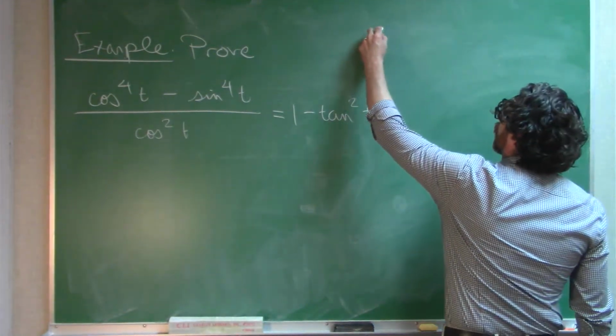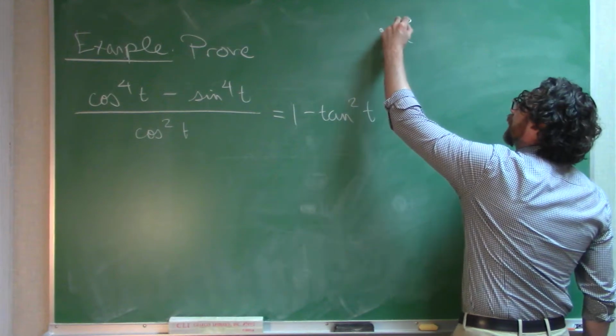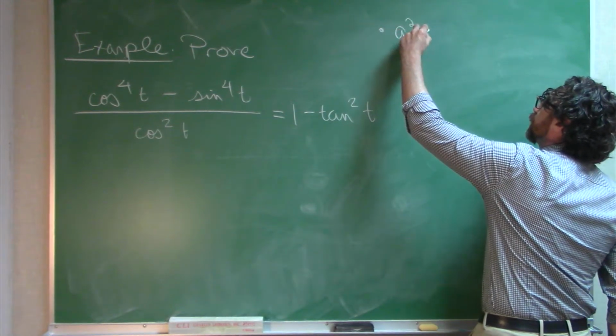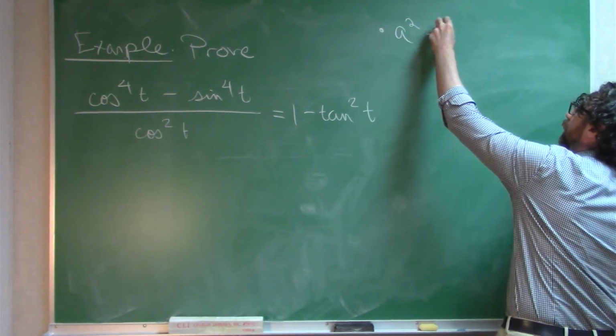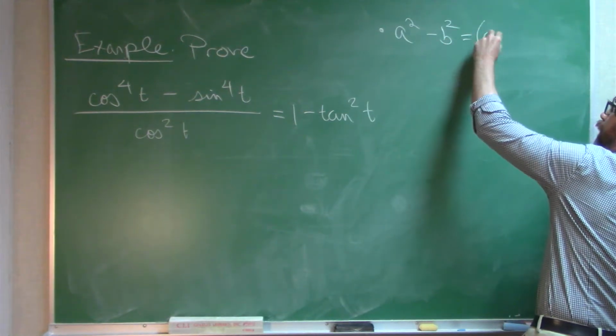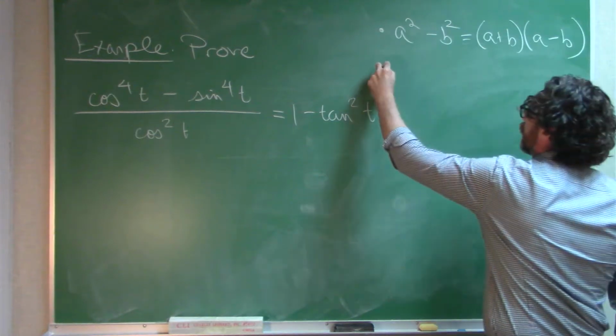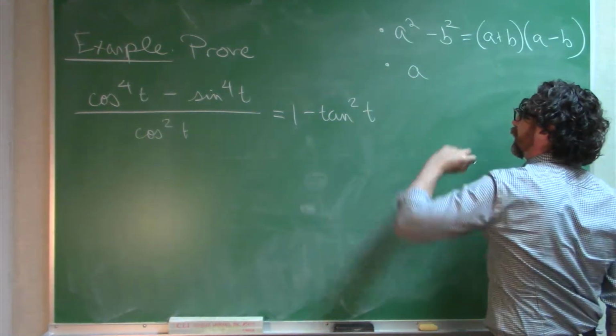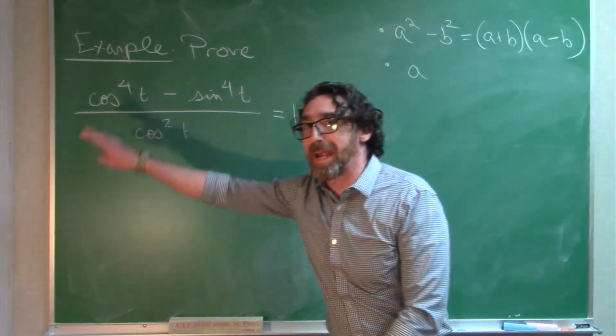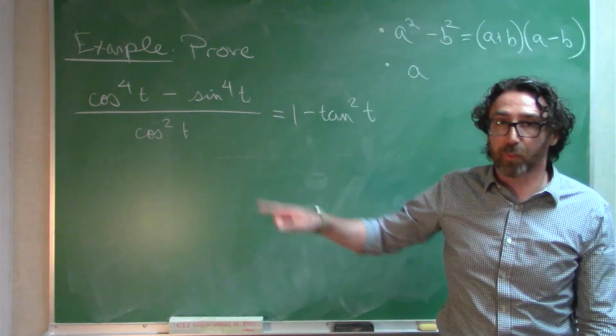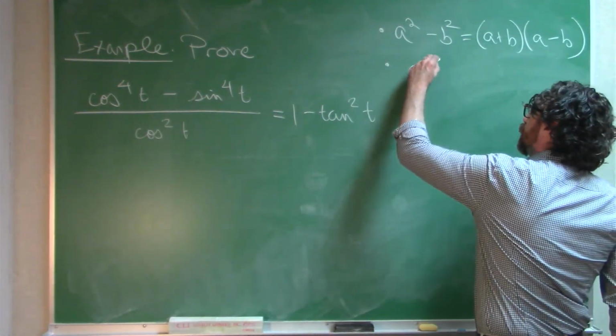One thing I still want to remind you about is this difference of two squares factoring. Another thing I'd like to remind you about is that a fourth power is a square. You remember your rules for exponents?